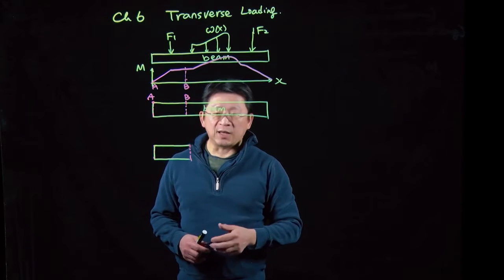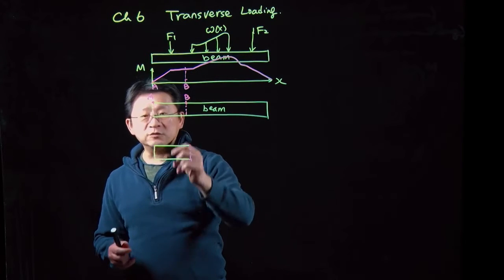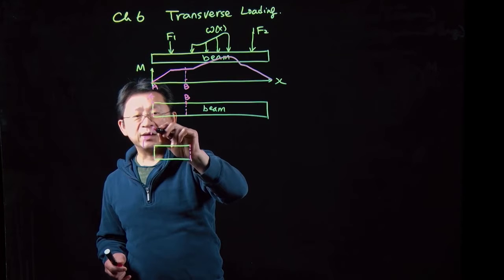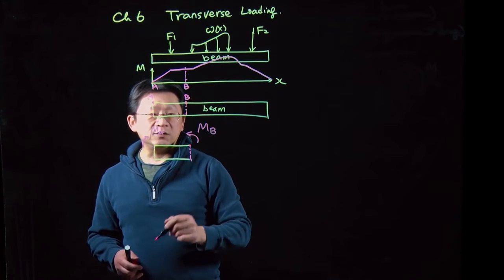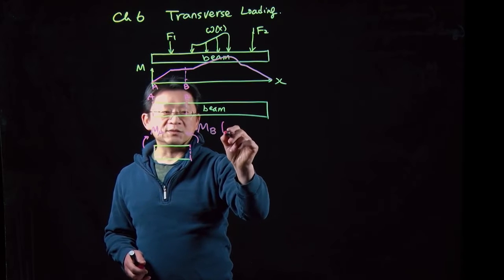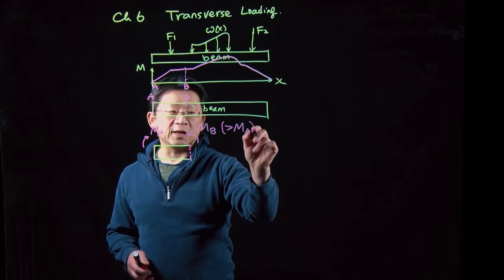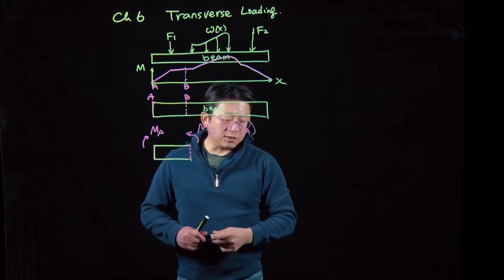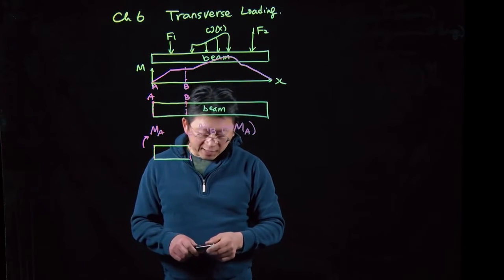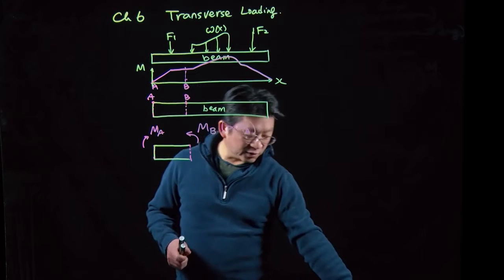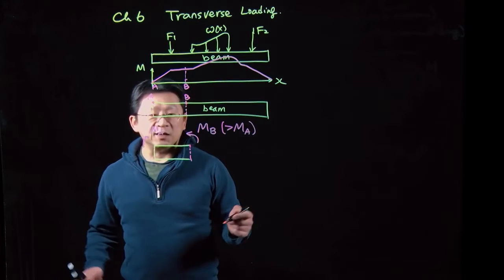Because the bending at the two sides is not equal, so for example here, let me say the bending at A, bending at B, here they are not equal. Apparently MB is greater than MA. So from the one homework problem in Chapter 4, I designated you have been able to calculate.